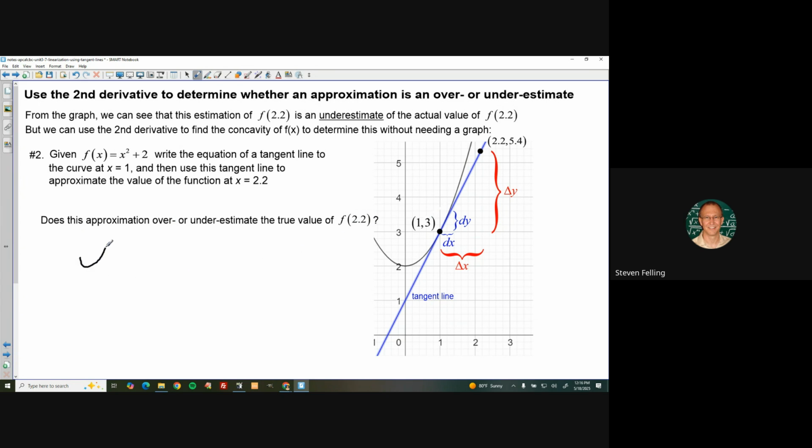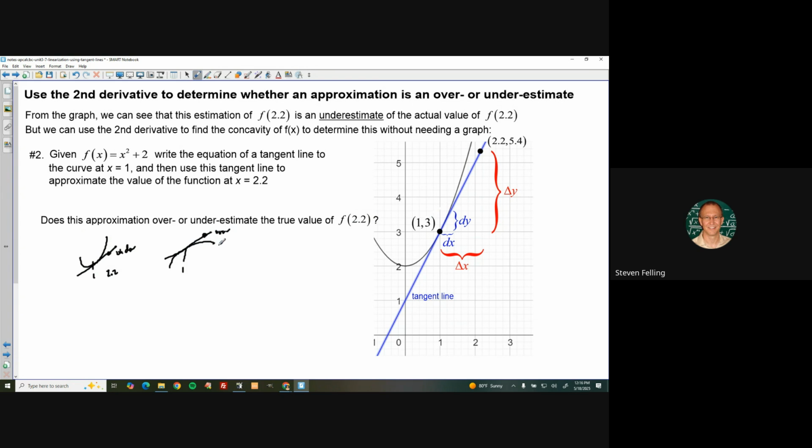If the function curve is concave up in this region from 1 to 2.2, then when we draw a tangent line, the tangent line is going to sit underneath the function curve, and that means this approximation is an underestimate. On the other hand, if this curve had happened to be concave down, then the tangent line at x is 1 would be an overestimate.